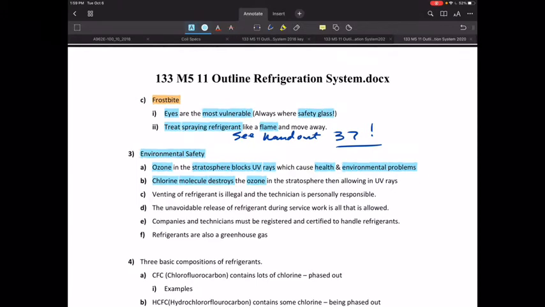So one of the things that happens is when the chlorine molecule breaks down, let's say the refrigerant escapes into the atmosphere, the chlorine atom in that substance will create a substance often called chlorine monoxide. The chlorine atoms will grab and attach themselves to part of the ozone molecule, creating chlorine monoxide.